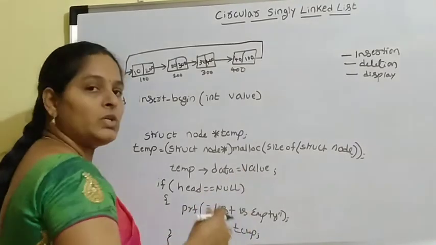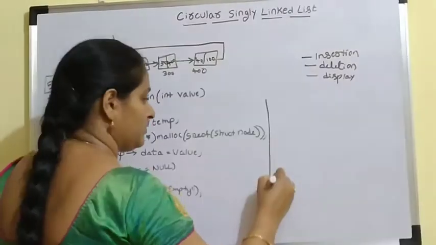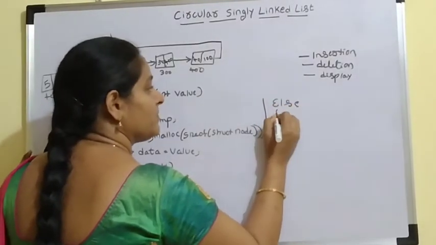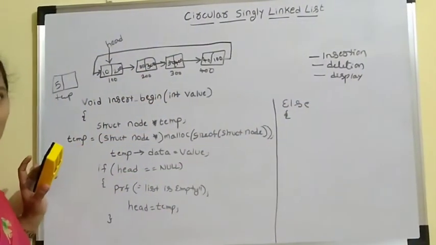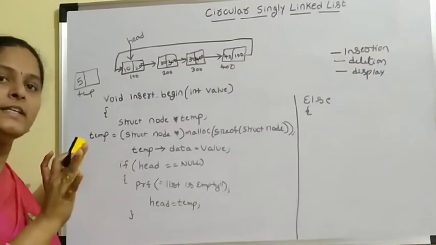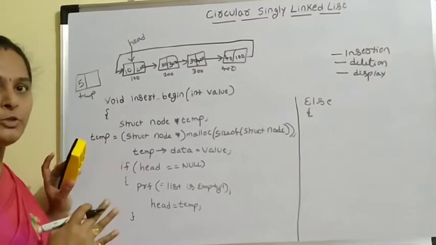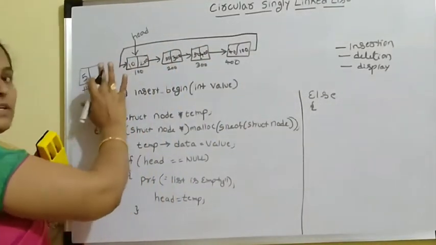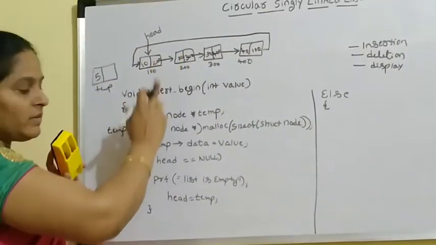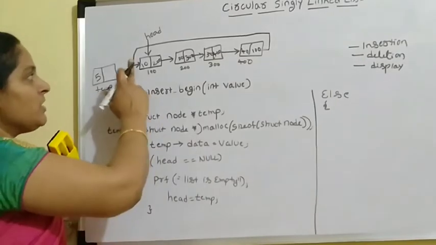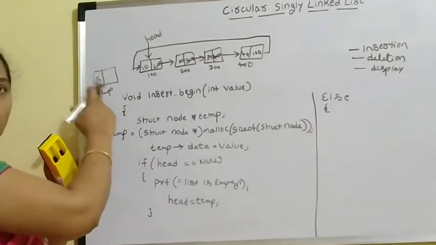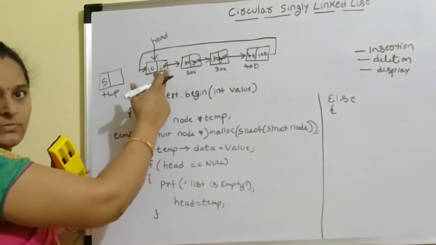Else, if head is not null, if the circular single linked list contains some nodes, then what we need to do is, here in this example, our list is not empty. Our head is not empty. So if our list is not empty, now we want to insert the node in the beginning position of the list.